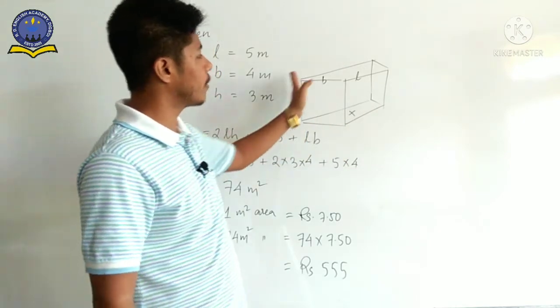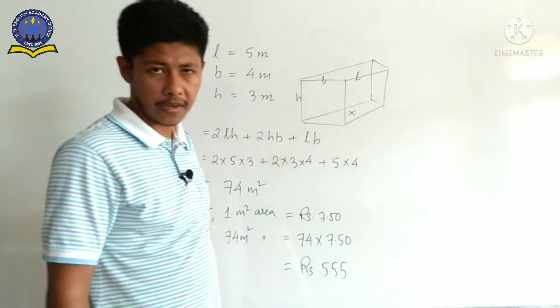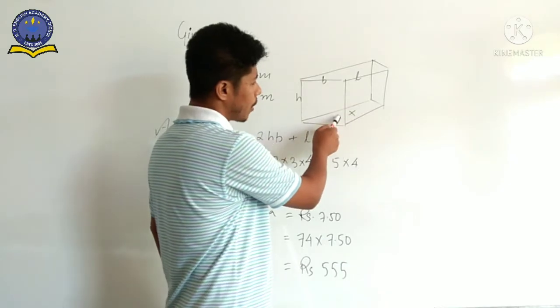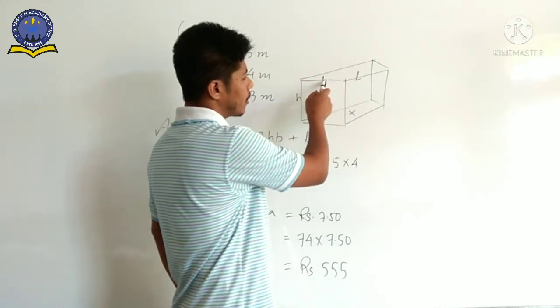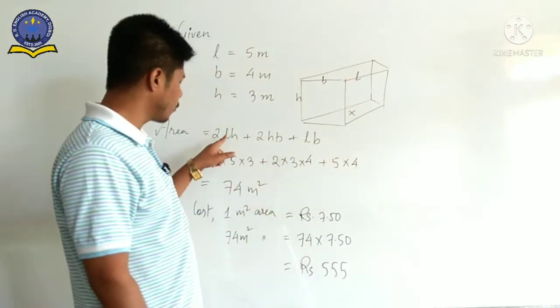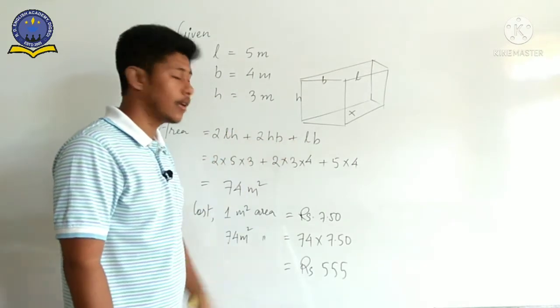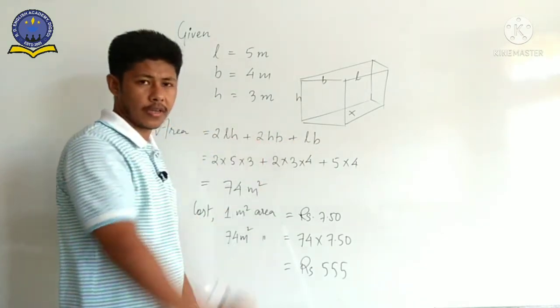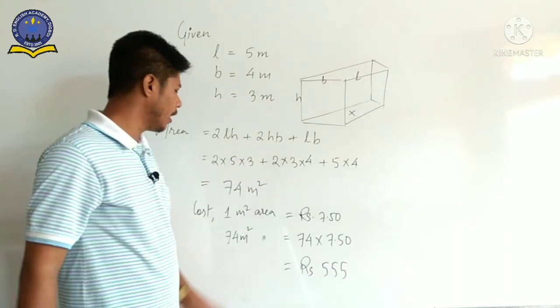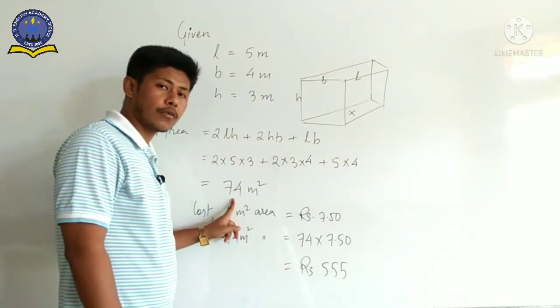We have to paint all the walls including the ceiling, so we ignore the floor part. The top part is length into breadth, so we write 2 times of length, height, plus 2 times of height, breadth, plus length, breadth. If we calculate, we get 74 meters square.